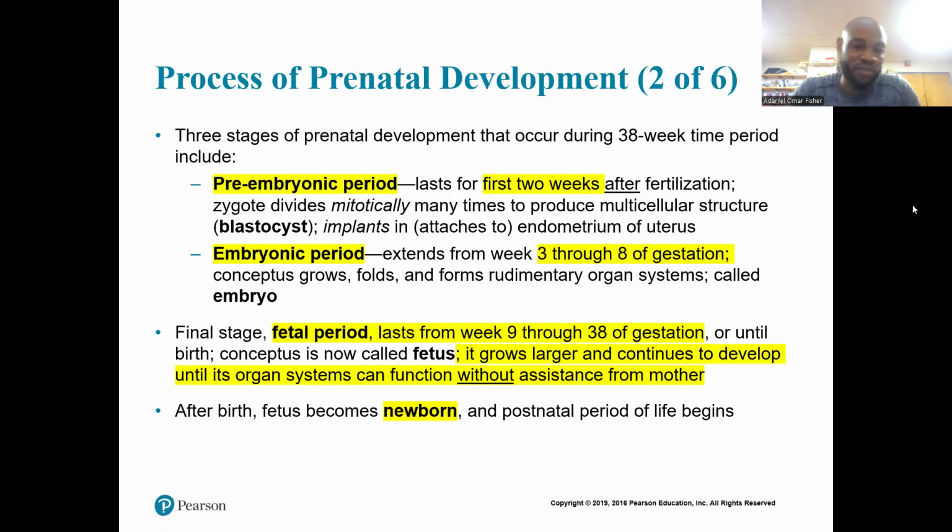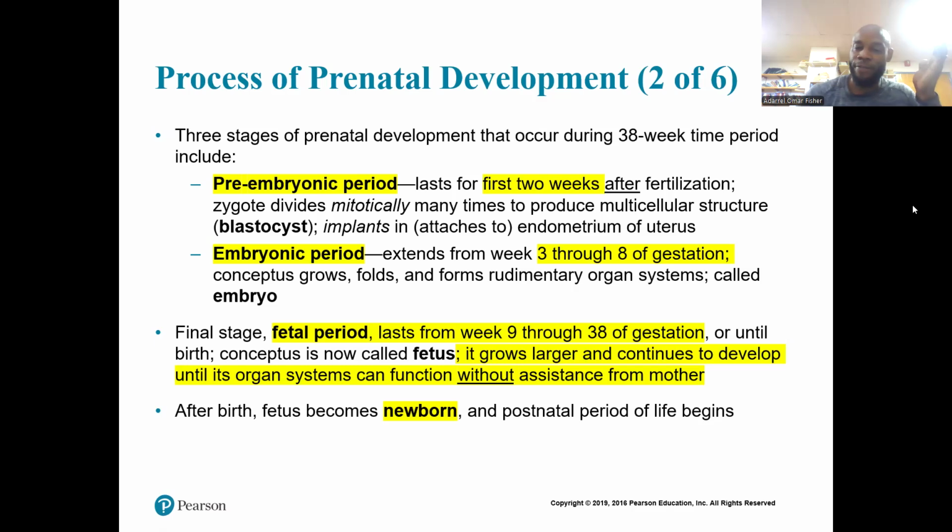The final stage, the fetal period, is from week 9 to week 38, or until birth. Remember, birth can happen a little bit earlier, it can happen a little bit later, but at that point we call the baby a fetus. It grows larger, continues to develop, organ systems begin to function, and eventually will function without assistance from the mother. And then after it is born, we call it a newborn.